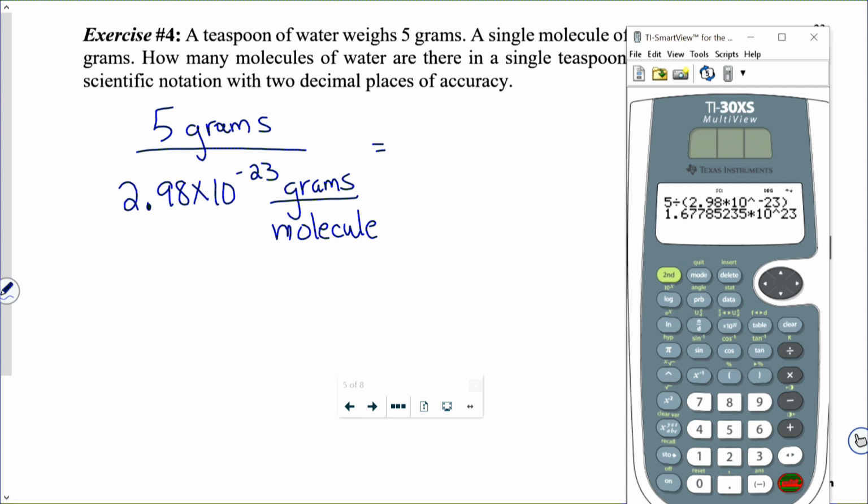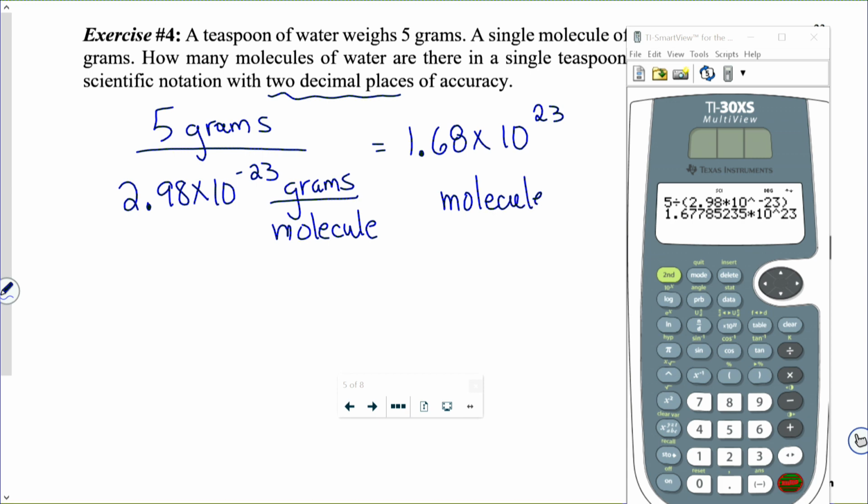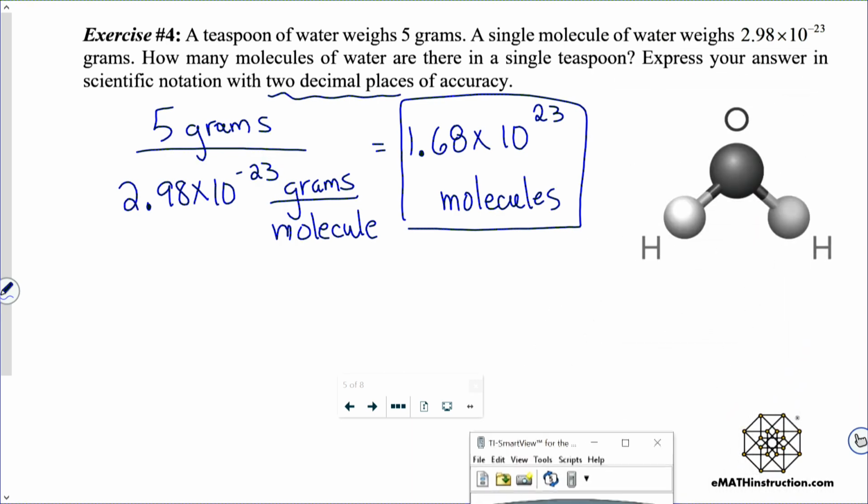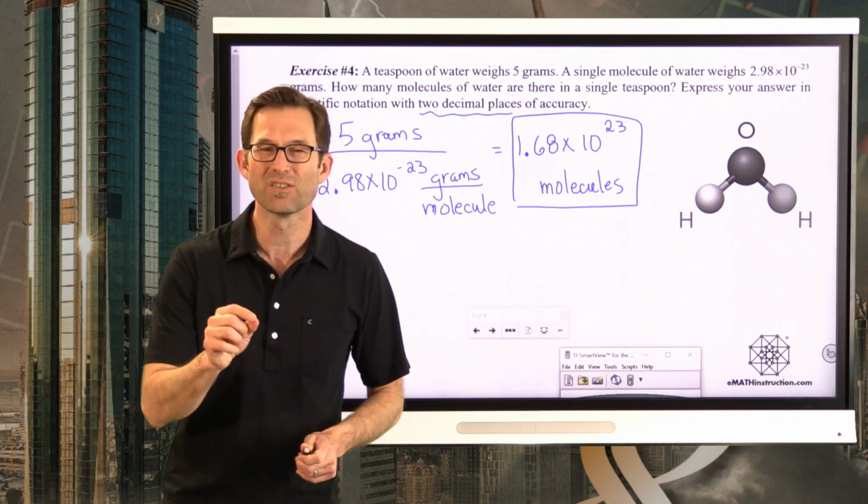And that is, and again we want 2 decimal places of accuracy, 1.68 times 10 to the 23rd molecules. 1.68 times 10 to the 23rd molecules of H2O in a teaspoon.